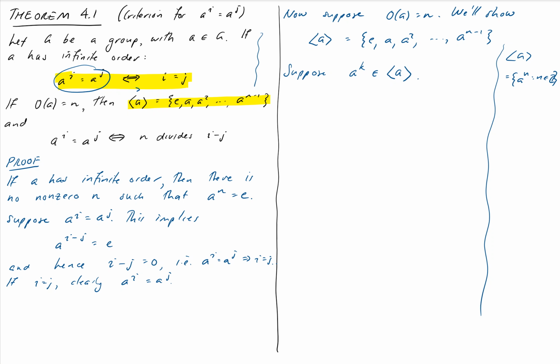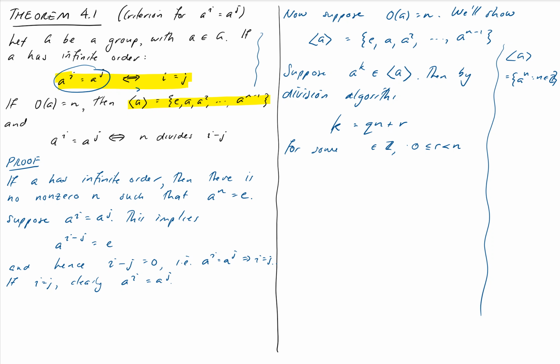So by the division algorithm, k is equal to qn plus r for some q and r in the integers, where in particular r is between 0 and n, not including n.